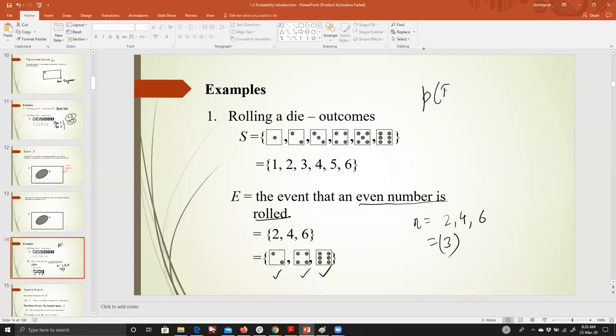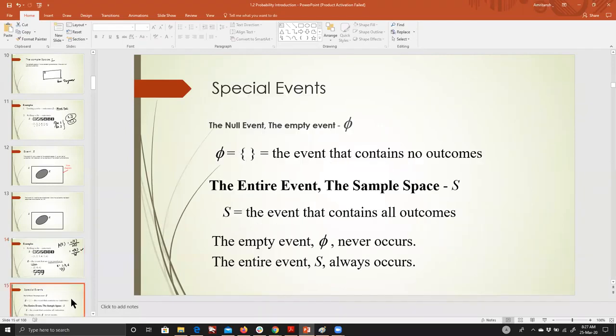The probability of event E is the number of E divided by the number of S, or we like to write it as capital N. This is what probability is. Is it clear to everyone?